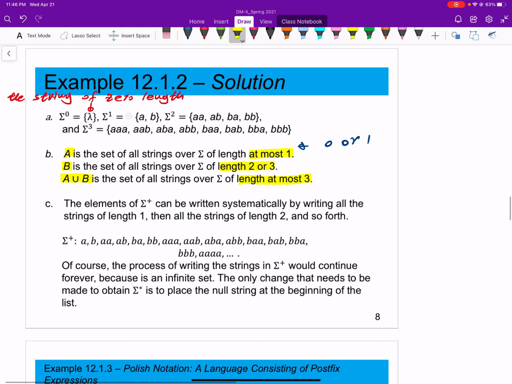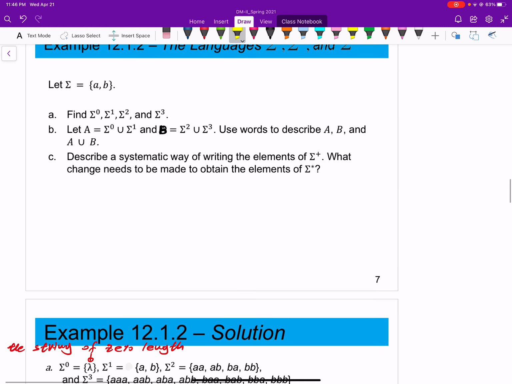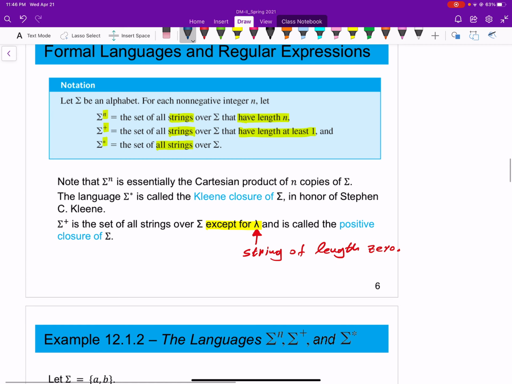Just go to the part C. Part C, describe a systematic way of writing the elements of sigma plus. Let me refresh what sigma plus is. Sigma plus is the set of all strings over sigma that have length at least 1. Length at least 1 means the upper bound is not mentioned.